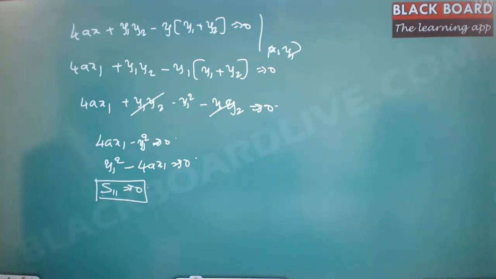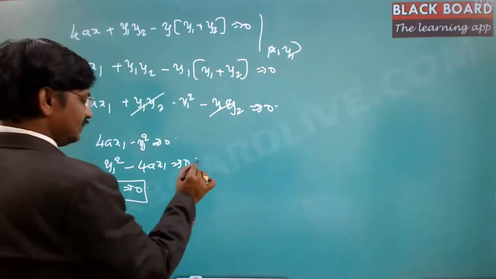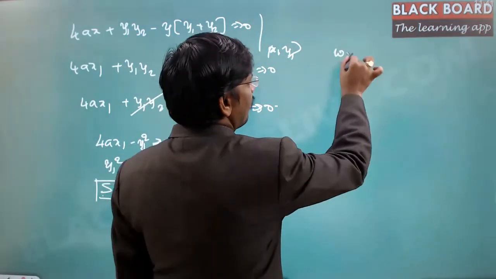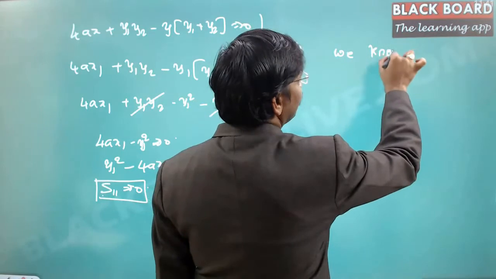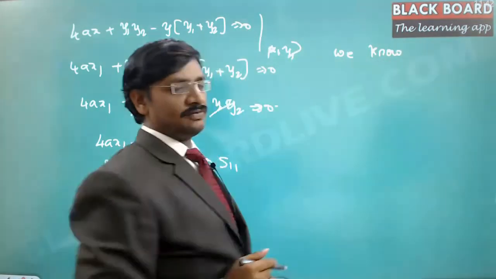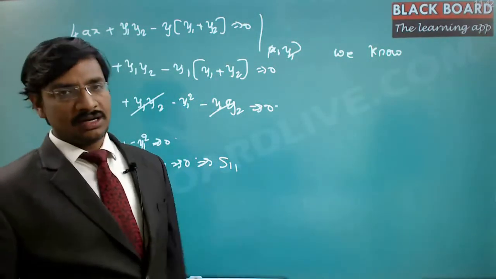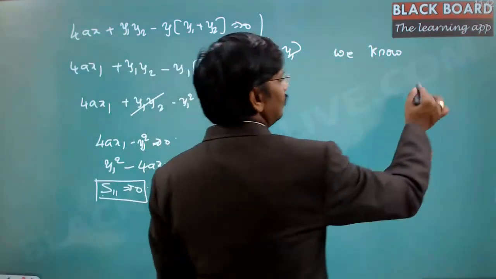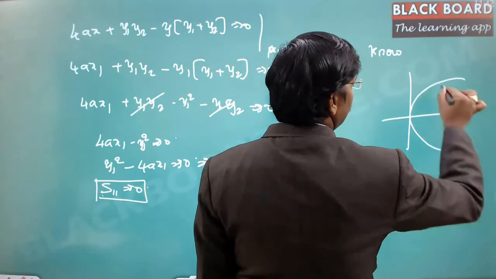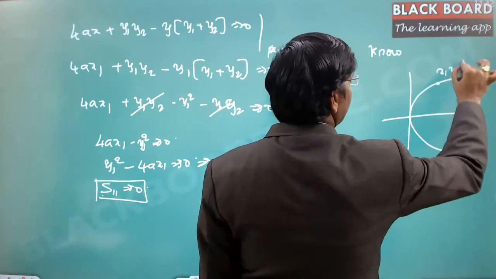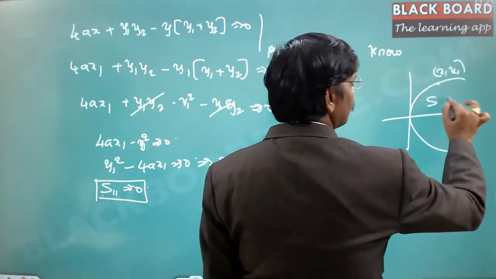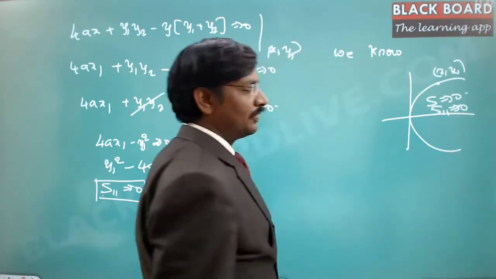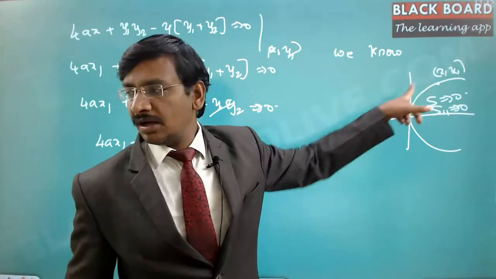Got it? So this finally comes out to be S11. We know that S11 is equal to 0. Why? Because S11 is a point on the curve itself, so obviously it is going to be satisfied. For the curve S equal to 0, S11 will be equal to 0 because this point lies on this particular curve.